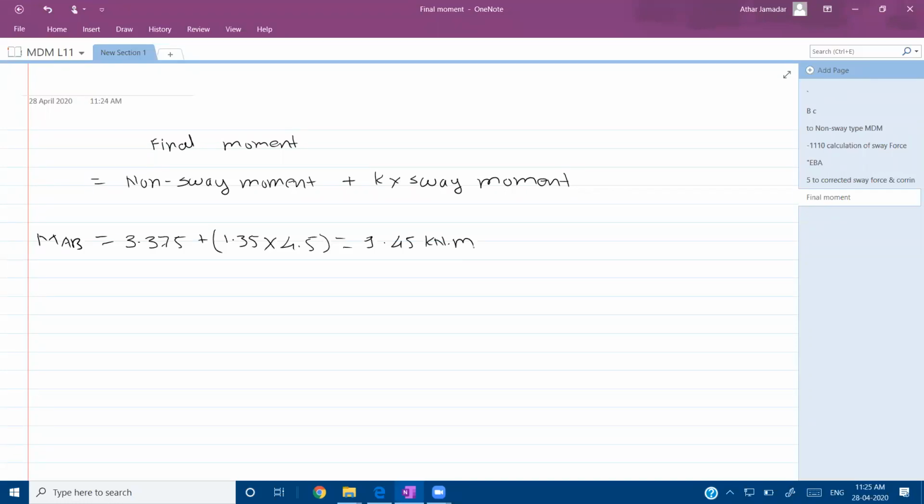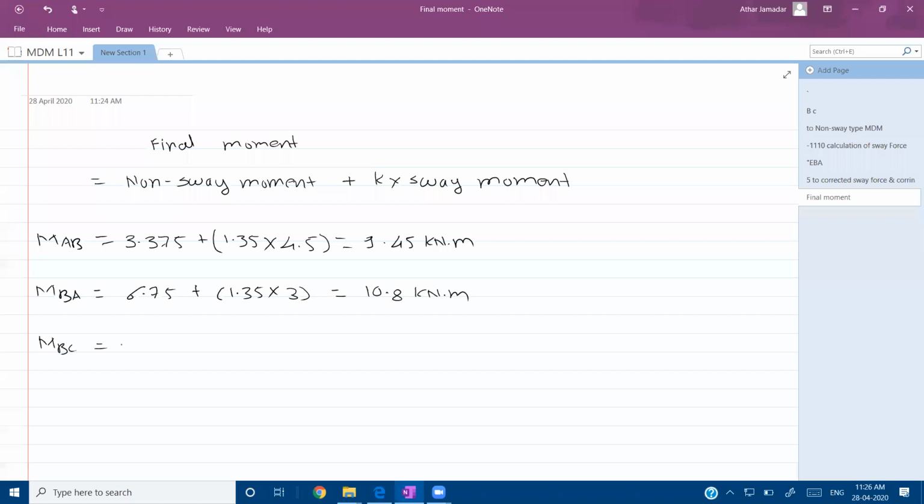kilonewton meter. Similarly, MBA: the non-sway moment for MBA is 6.75 plus 1.35 into the sway moment for BA, which is 3. This is going to be 10.8 kilonewton meter.